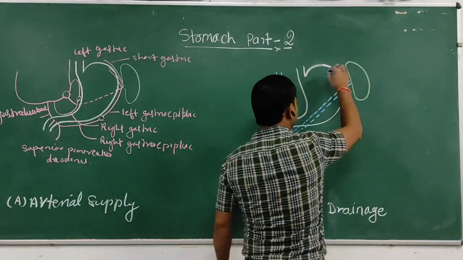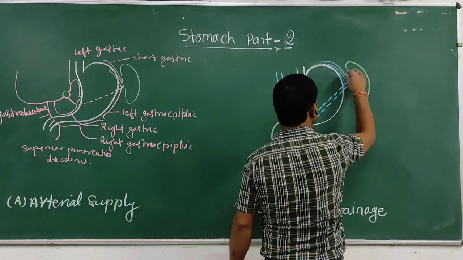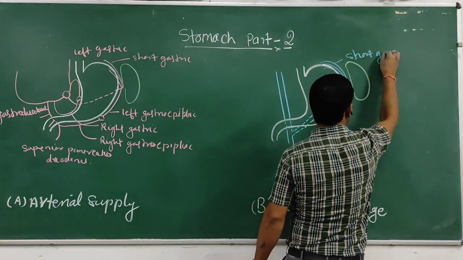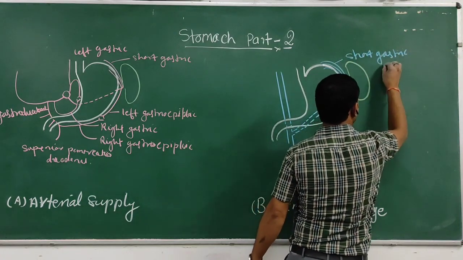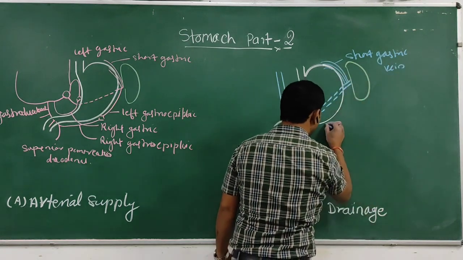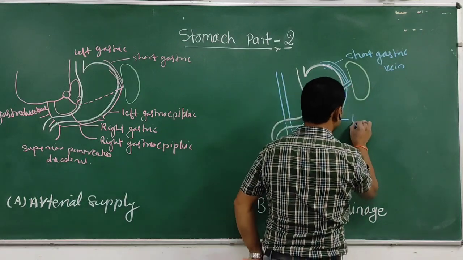In the splenic vein, there is a tributaries are 5 to 6 short gastric vein, and another tributary is a left gastroepiploic vein.